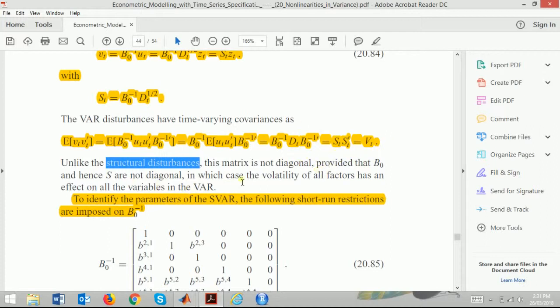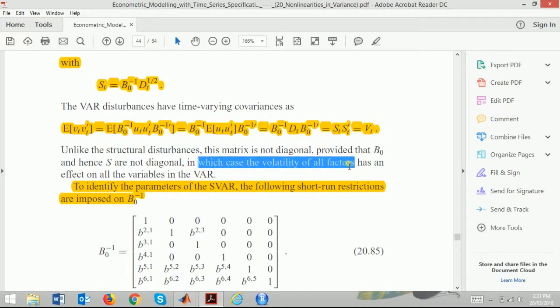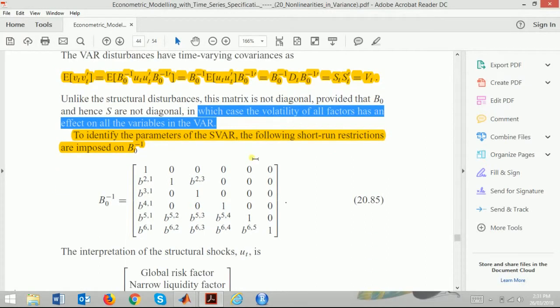About that beta naught S, which in this case the volatility of all factors has an effect. So you have a contemporaneous matrix where volatility of all factors has an effect on all other variables.